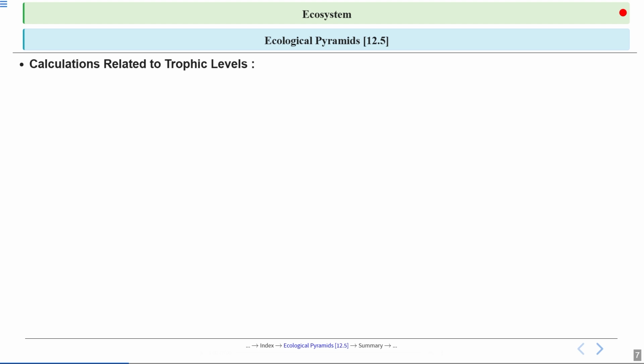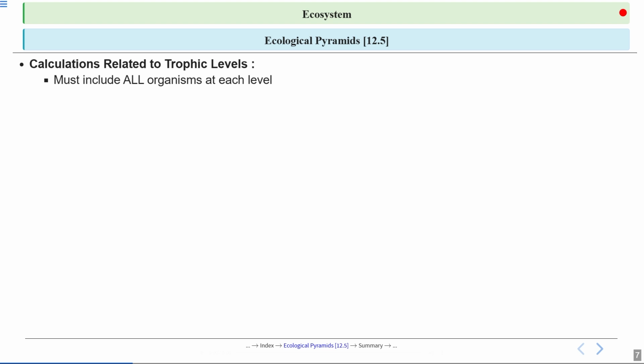Okay, let's talk about some of the calculations related to the trophic levels. It is very important to include all the organisms at each trophic level. Whenever you are talking about a pyramid of number, biomass or energy, you should include all the organisms at each trophic level. This means you have to count every single living thing in the trophic level and not just the ones that are easy to find.